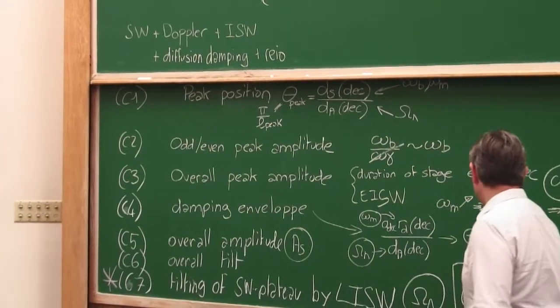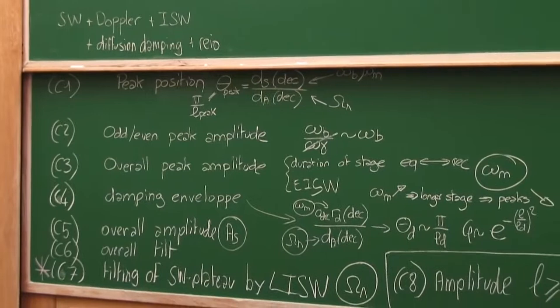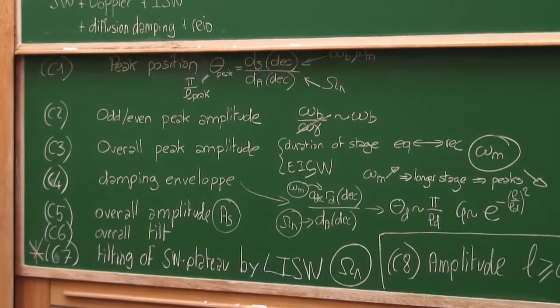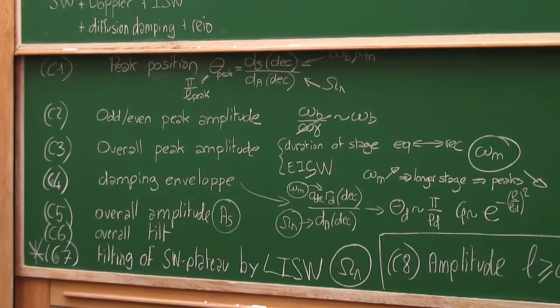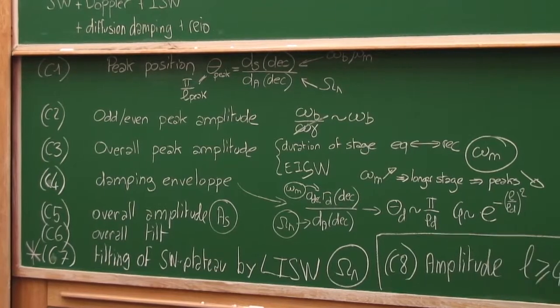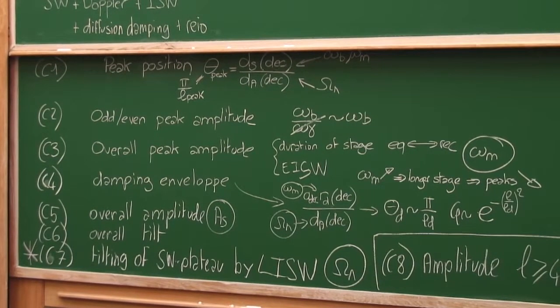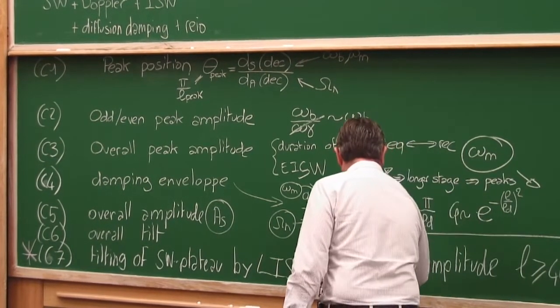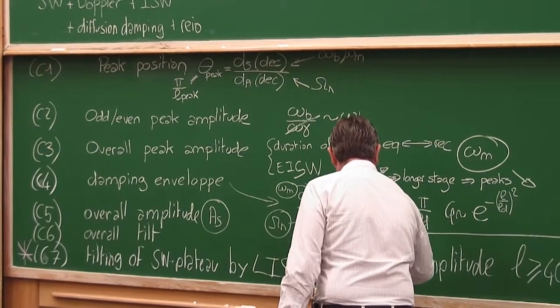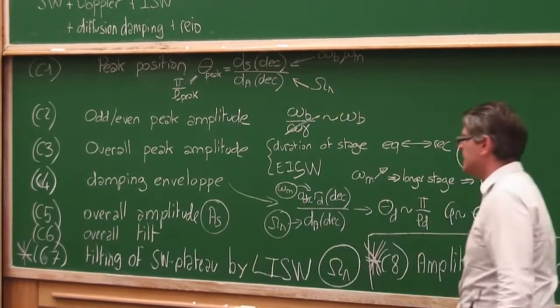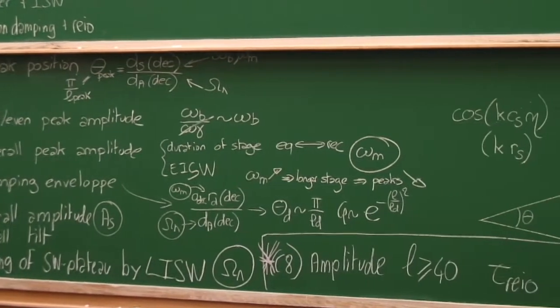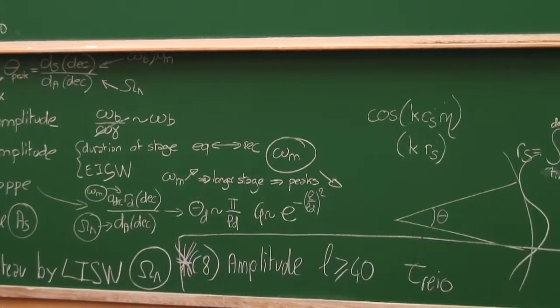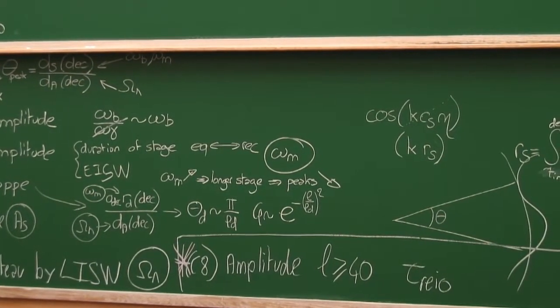Same with effect 8. 8 is completely degenerate with the effect of the amplitude for L bigger than 40. And for L smaller than 40, I have cosmic variance. So C8 is very difficult to see. It doesn't mean that these effects are completely useless, because it happens that you study models in which the late integrated Sachs-Wolfe effect would be so large that then you conflict observation.